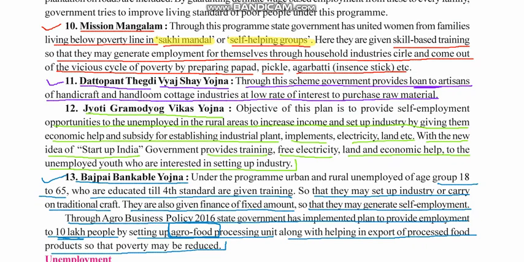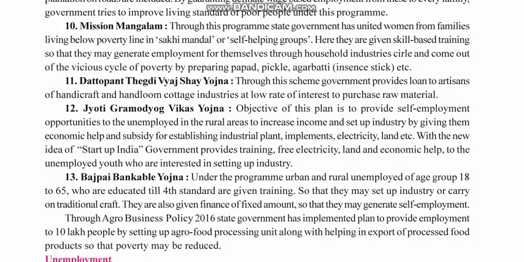So in this way, by these 13 schemes, there are a lot of other schemes also, but these are some of the main schemes that are being implemented by the government to take people out of poverty. In this way, the government is doing substantially good work.